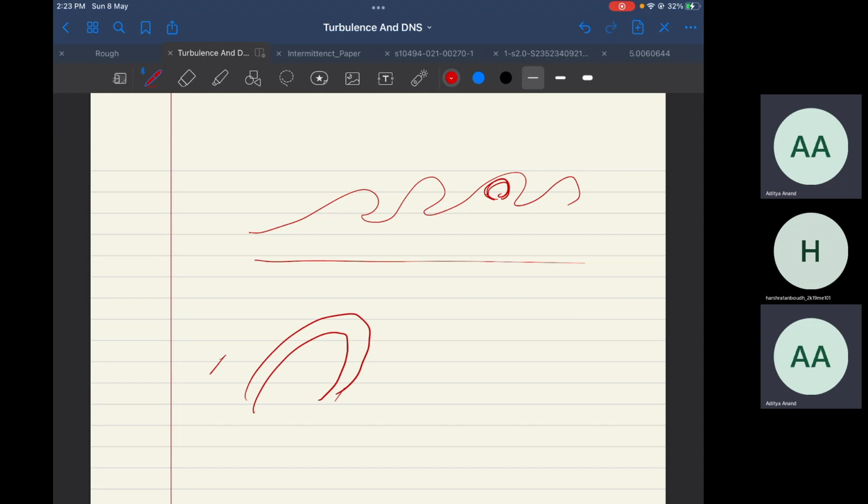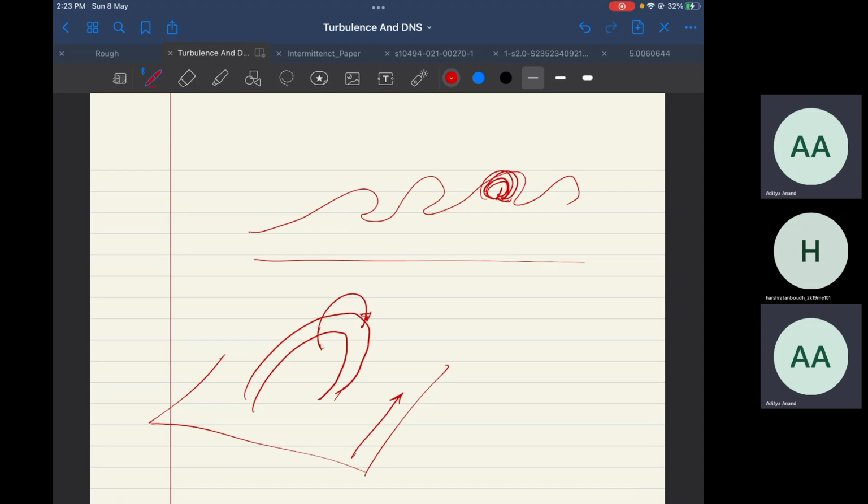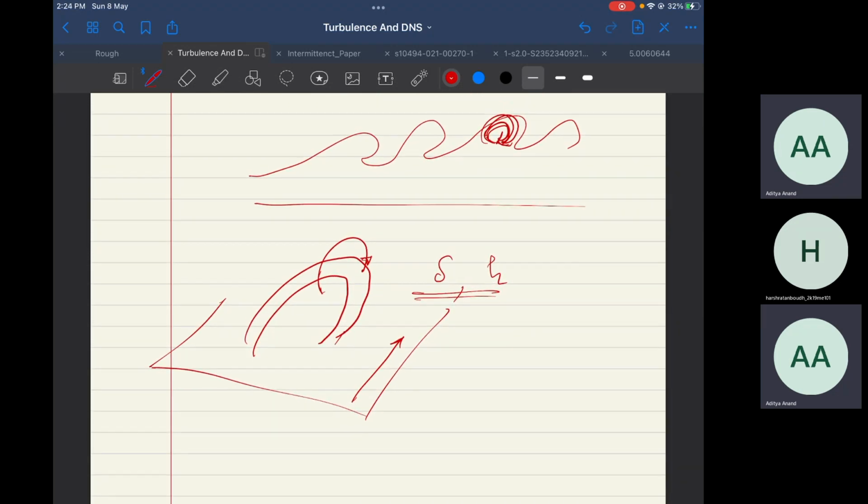If I draw the flat plate here, the flow is in this direction, so they will have a vertical motion like this. Their sizes are comparable to either the boundary layer thickness or channel half height. So these are large scale coherent structures present in the flow, and there are also stream-wise streaks present in the flow.